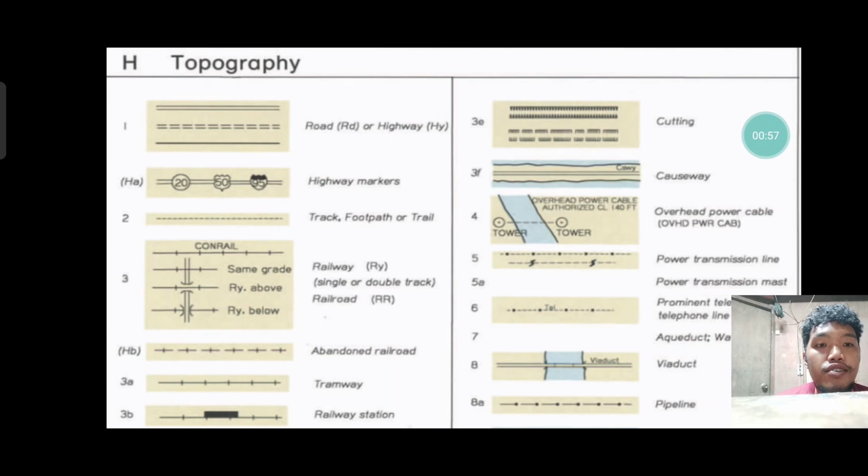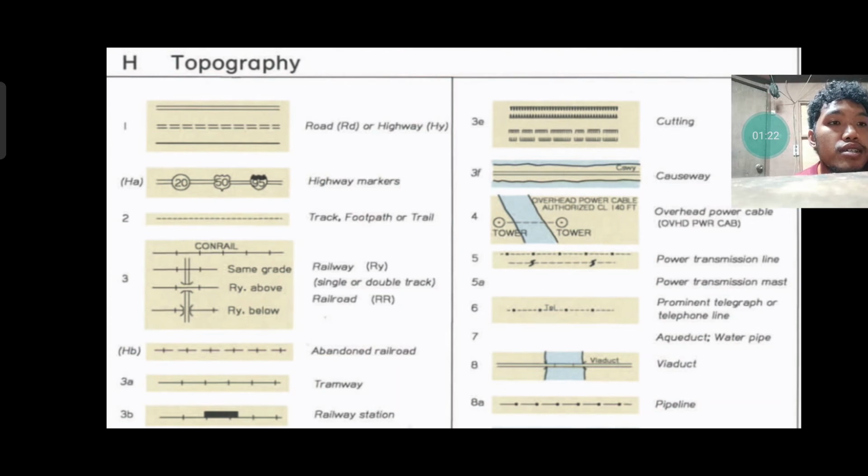Next is for the rail station that has a black dash on top of it. Next is this symbol for the cutting. The next is causeway, and the other one here that has a continuous line is for the overhead power cable. The next is the power transmission.